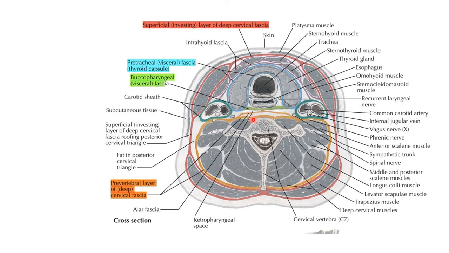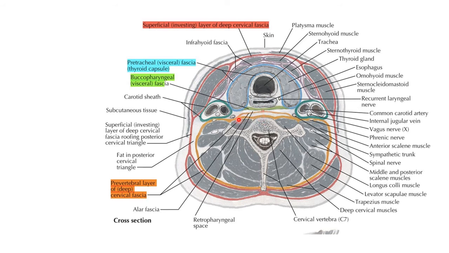This is also a potential space, and when tuberculosis of the cervical vertebra produces an abscess in this prevertebral space, then what will happen? A median bulge will be formed in the posterior pharyngeal wall. Not a paramedian, but a median bulge.